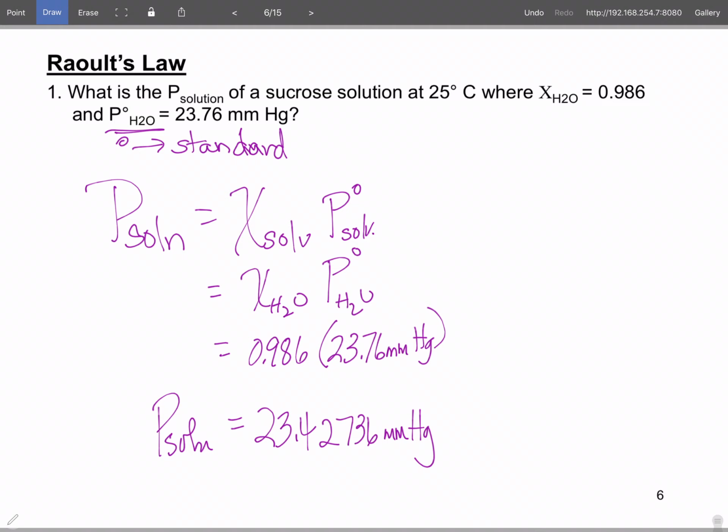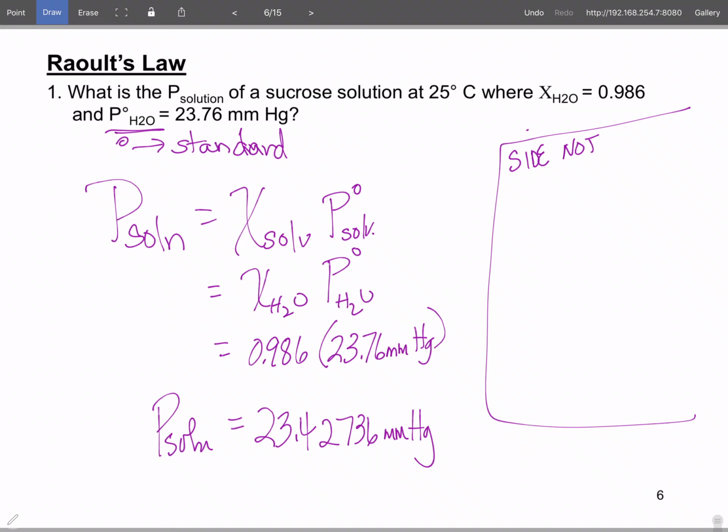Okay, now one other trick. Let's play a game. Let's say we had sugar water. This is a little side note, so this is not the main problem.